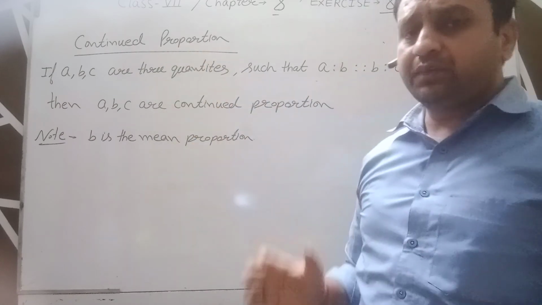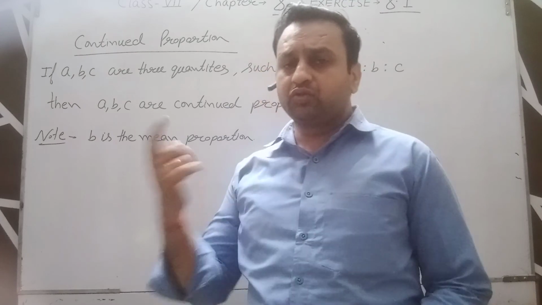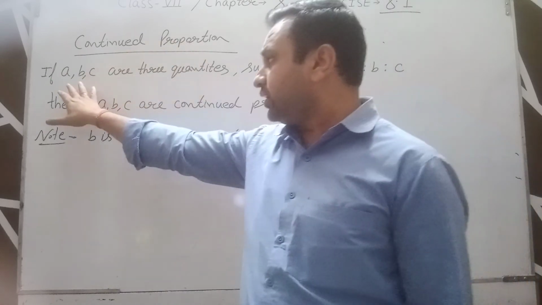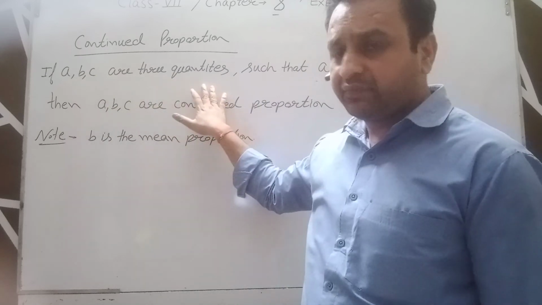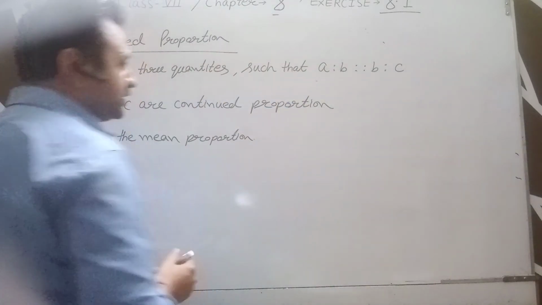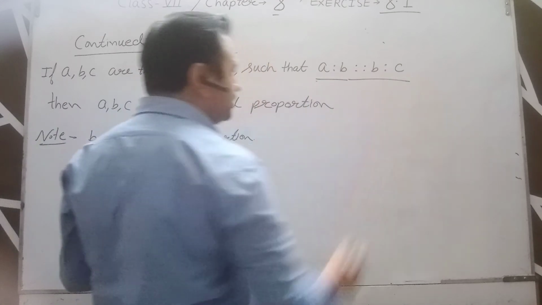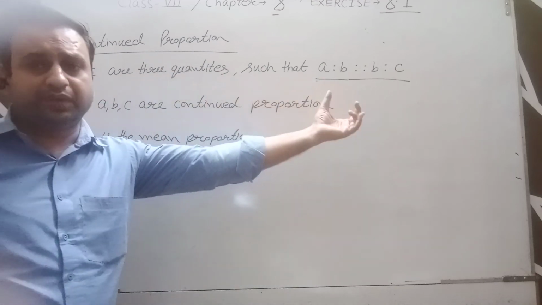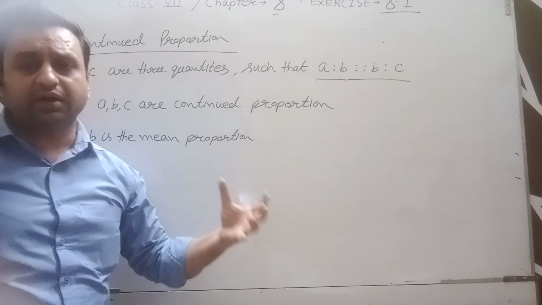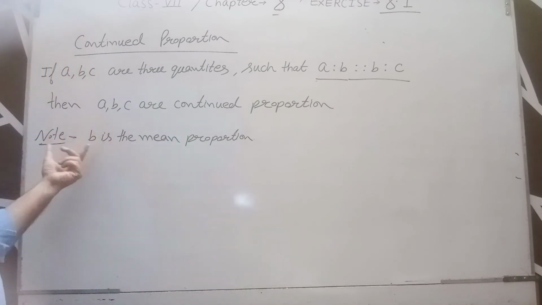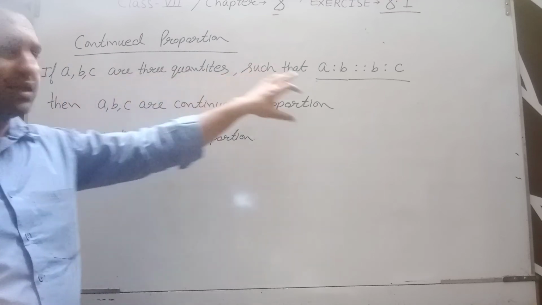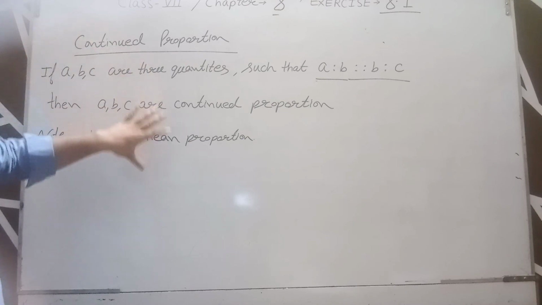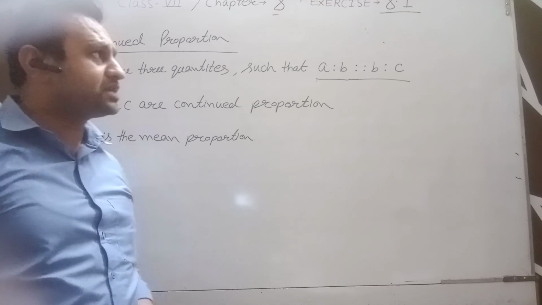Actually for a proportion we require 4 quantities: 2 quantities for the first ratio and 2 quantities for the second ratio. But in continued proportions, if A, B, C are 3 quantities and they satisfy the condition that the ratio of A and B is proportional, that is equal, to the ratio of B and C, then we can say that these 3 quantities are in continued proportions. And note down that this B, which we are using repeatedly, is called mean proportional. So it is also a word used in exercise 8.2. Just note down, and after this we discuss exercise 8.2.